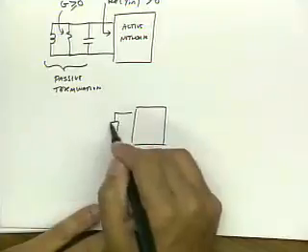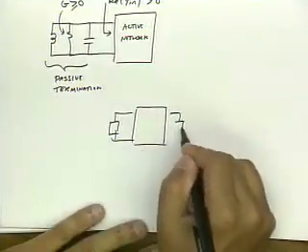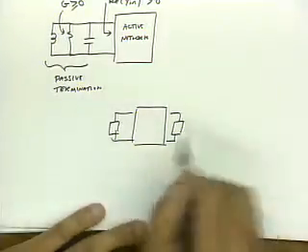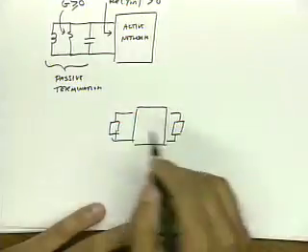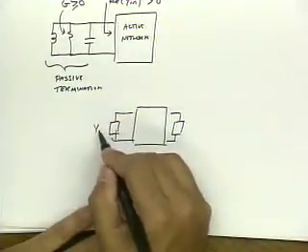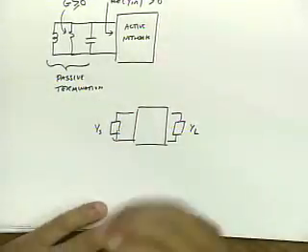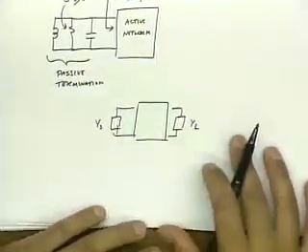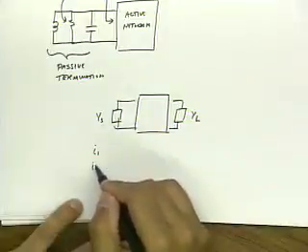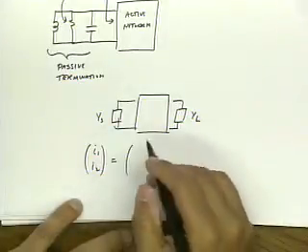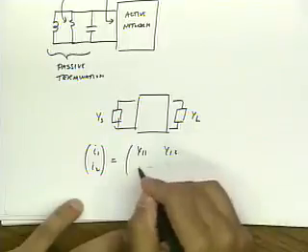So same condition on a two port. We want to terminate input port and output port into a passive load. So again, we call these YS and YL, and we want nothing to happen with this circuit. We know that this circuit is described by the Y parameters.